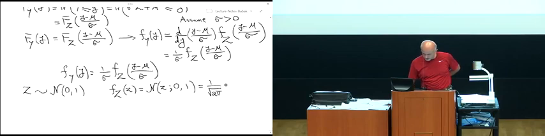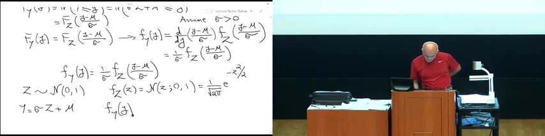And that's this expression here that we've already seen. So if Z has this density, and Y is equal to sigma Z plus mu, can you tell me what the density for Y is?